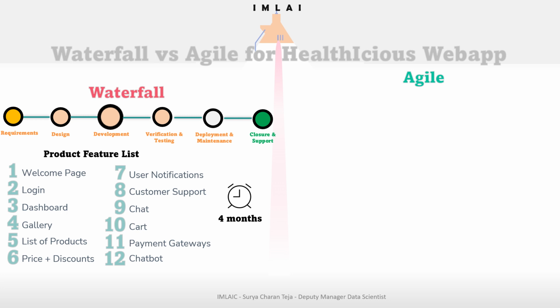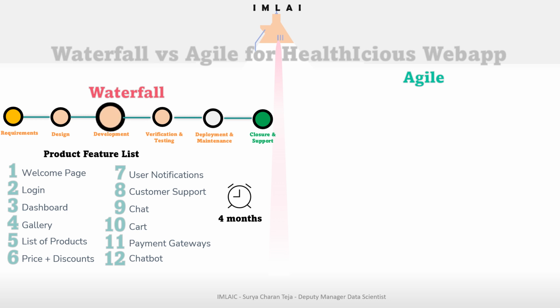If you find any bug, it is very difficult to find out from which module, from which feature this bug has come, because you have built a huge application with plenty of features, and it takes a huge amount of time to find the bug exactly. That's some of the negative side of the waterfall.